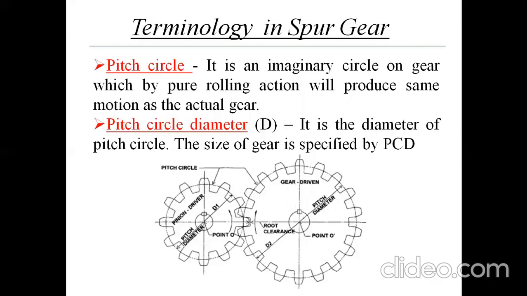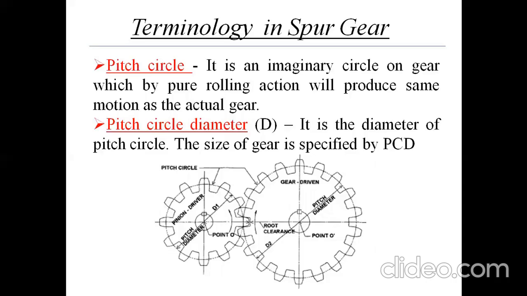The small gear is called pinion or driver, and the larger size gear is called driven or gear. So the diameter of the small gear is denoted by small d, and the pitch circle diameter of the gear is shown by capital D. This is required for further analysis and design calculation.